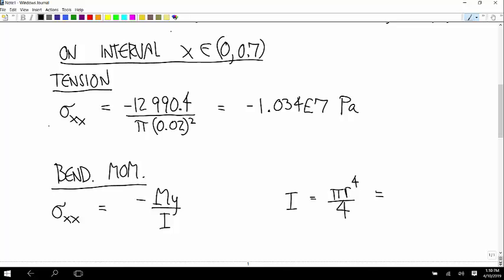Can someone calculate that with r equal to 0.02? We're dividing by this tiny thing, so let's put a lot of significant figures in there. 1.25664 times 10 to the negative 7. And that's meters to the fourth.